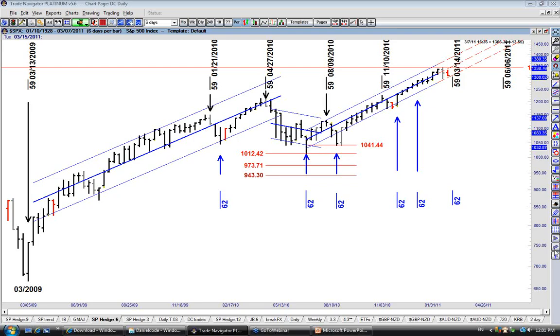But by and large, we're not putting out these signals 2 hours before the markets open or 20 minutes before the markets open. These signals come out 3 hours after the US markets close. That's because the Trade Navigator download doesn't come until 2 hours after the markets close. So we can't start to process the data on our mainframe, which lives in Melbourne, Australia, until we get that download from Trade Navigator.